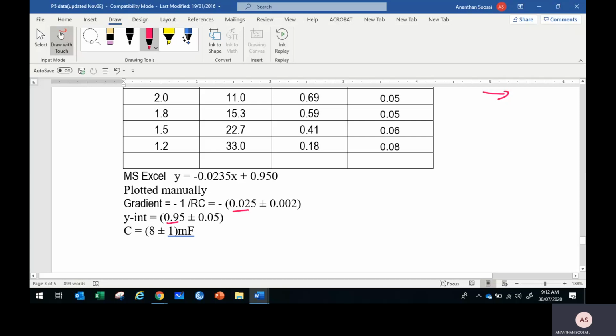My suggestion: for all the actual answers, go for 3 significant figures. You won't get it wrong.